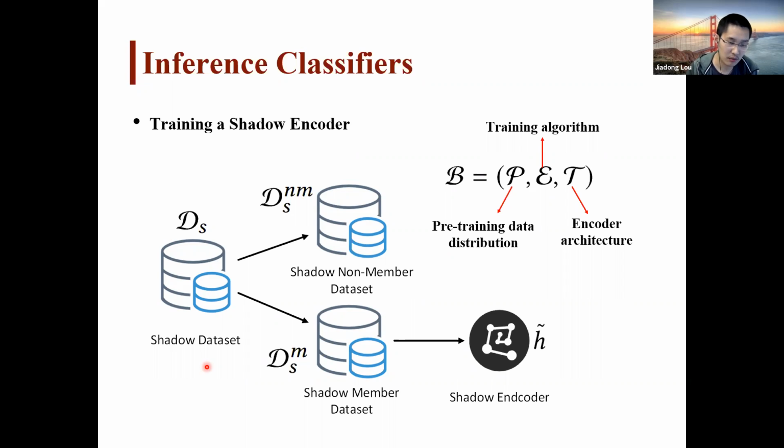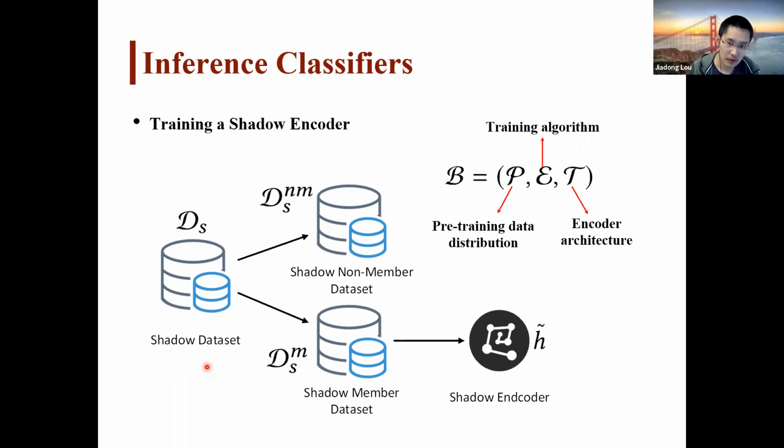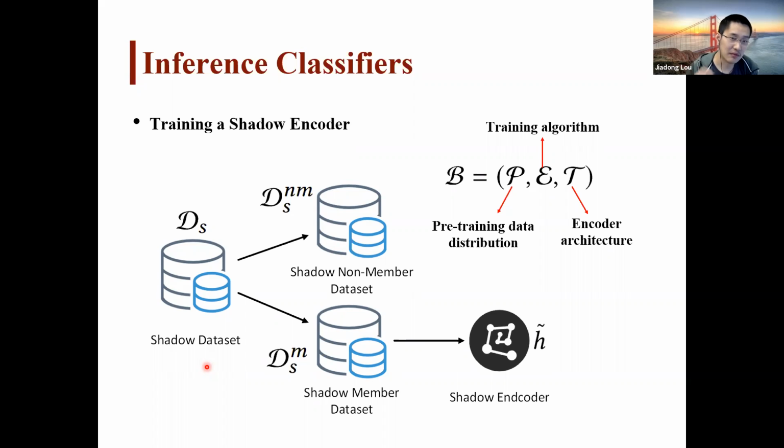But this shadow dataset is not overlapped with the training dataset. The condition is they don't have direct access to the training dataset of the target encoder, but they have knowledge of its data distribution. Yes, maybe they have this knowledge.